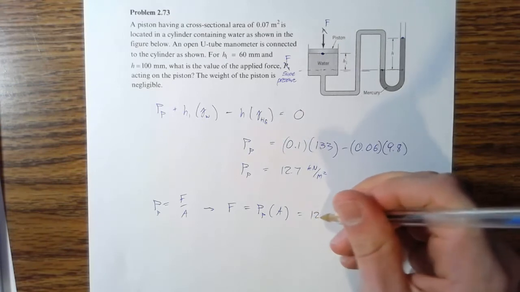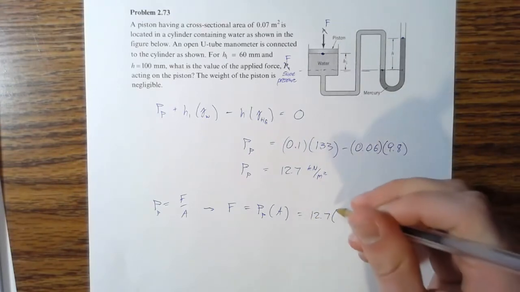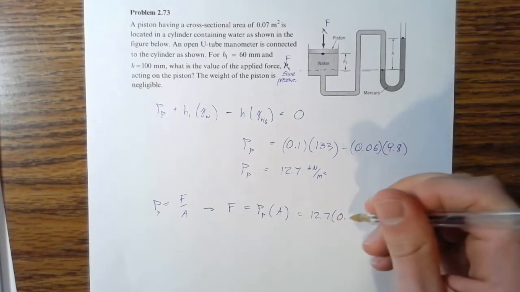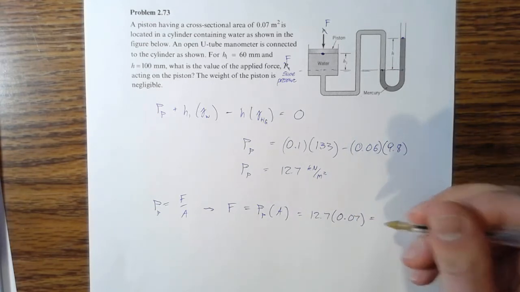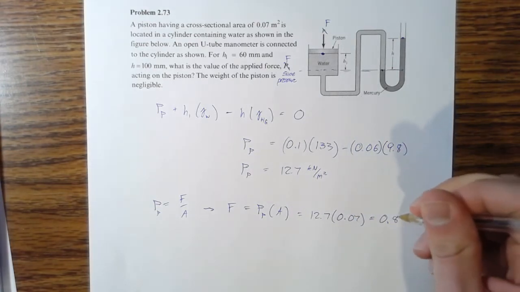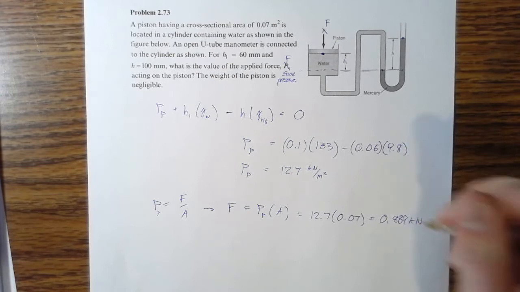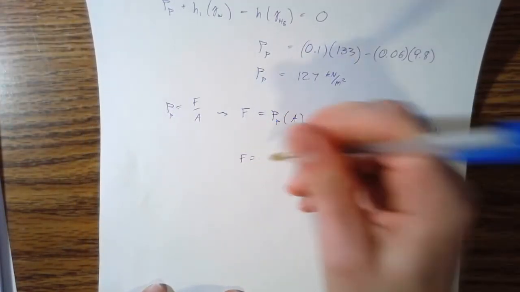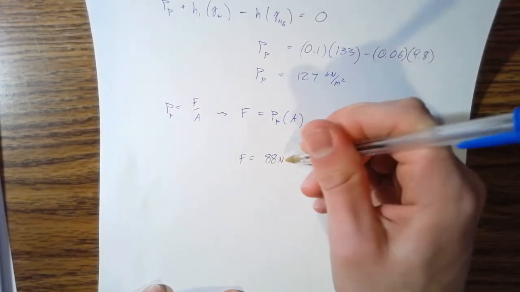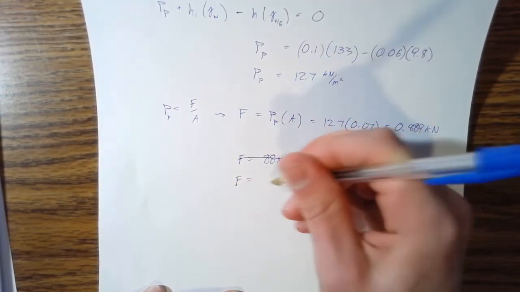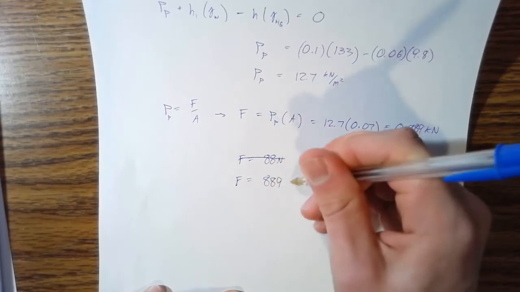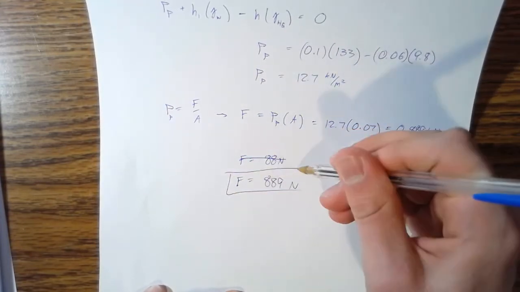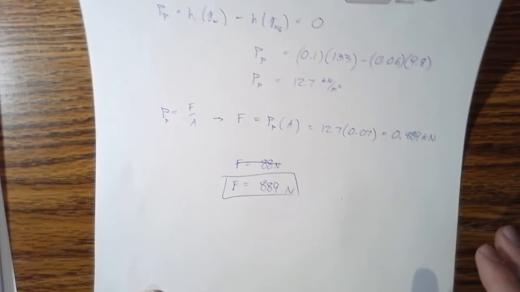So this is 12.7 times 0.07, and we get 0.889 kilonewtons. And we're just going to call that 889 newtons. Thinking faster than I was writing. So 889 newtons is your answer there.